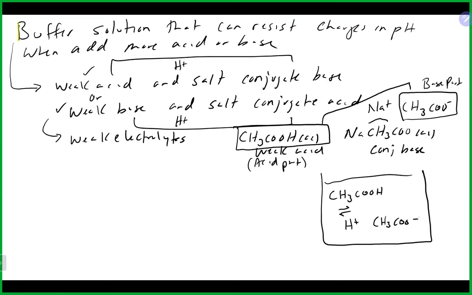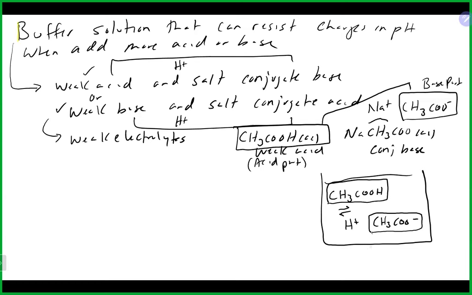So what happens when you make a buffer like this, for example, is you'll put some acetic acid in there. And then you'll actually put some sodium acetate in there with it. By putting the sodium acetate in there, it makes the concentration of the acetate part pretty good. And obviously by adding the acetic acid, you now will have floating around in that solution both of those things.